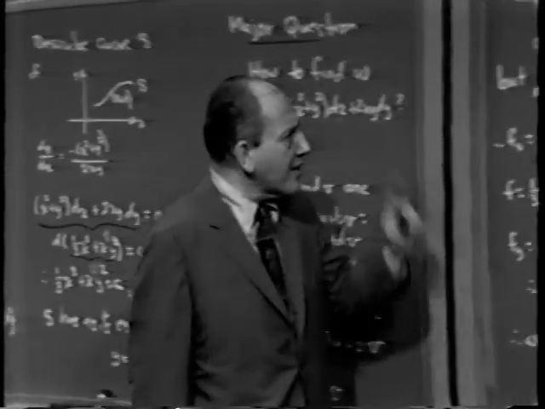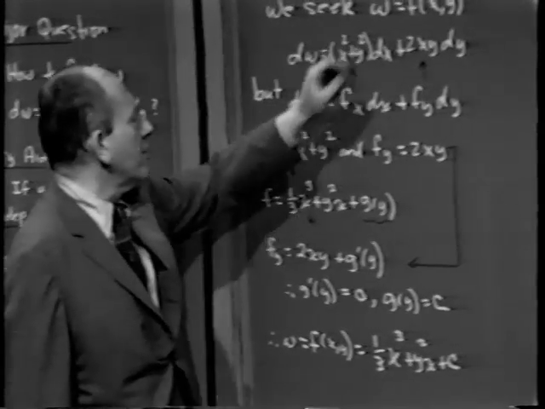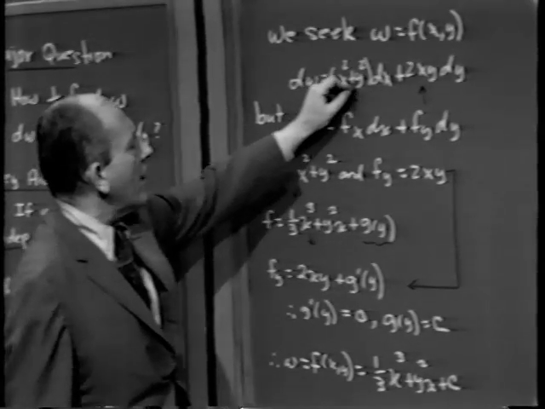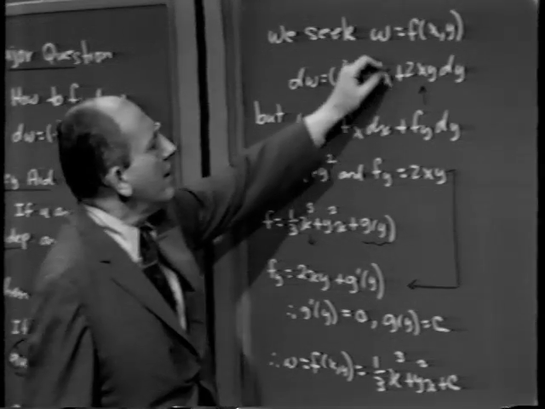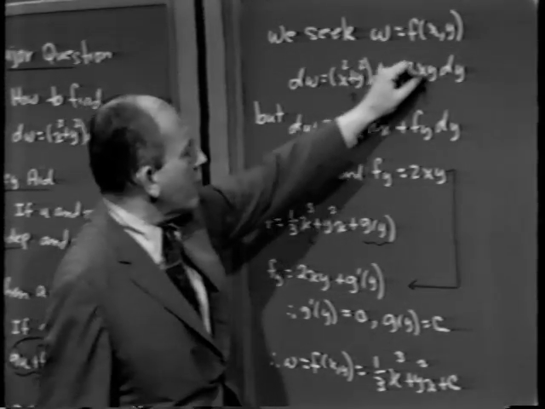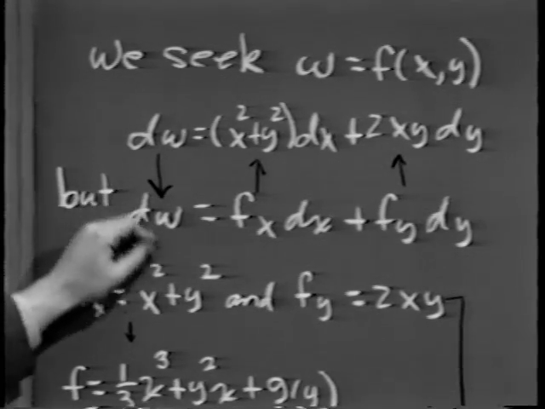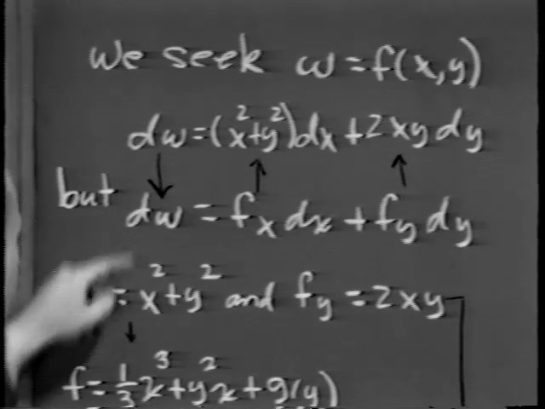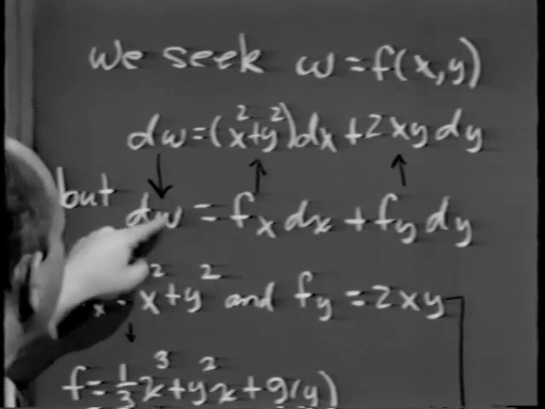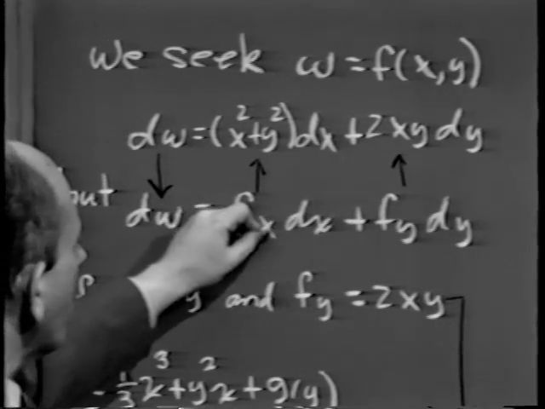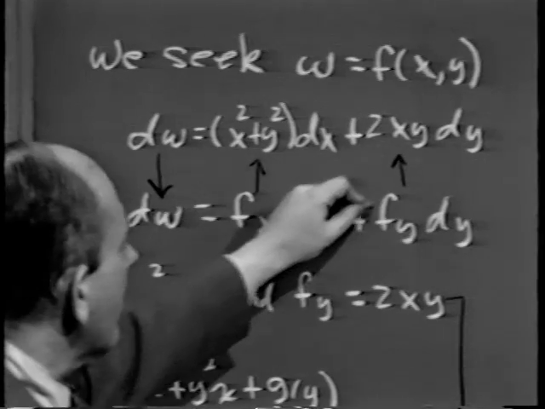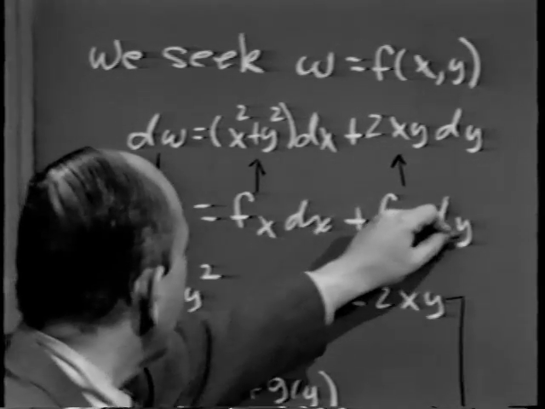So if we now say, let's find that function w such that dw is x squared plus y squared dx plus 2xy dy, the one thing we know about dw, if it exists, by our basic definition of this lecture, is that dw is the partial of f with respect to x times dx plus the partial of f with respect to y times dy.